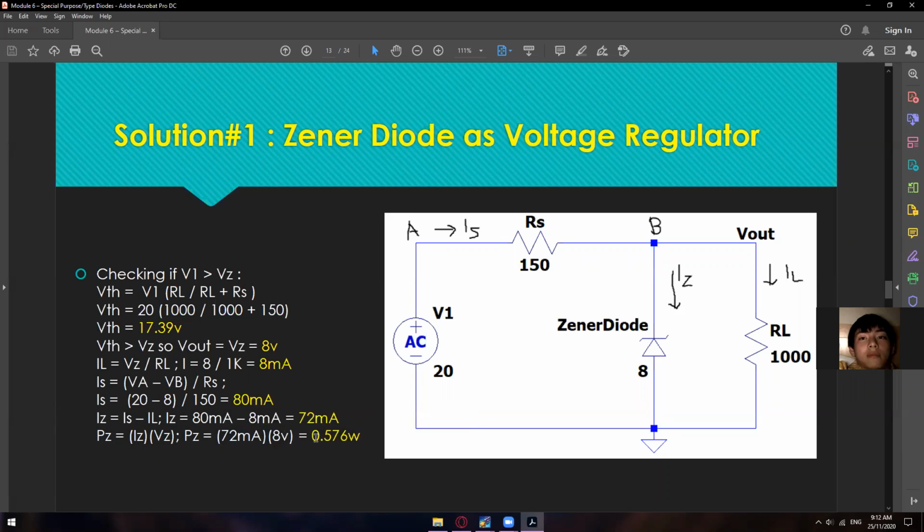All right, so that's how you solve for those values for IS, IL, IZ, and so on and so forth. Okay, so I'll give you guys a minute to analyze this one to understand further. And if you have a question or a clarification regarding the solution, feel free to ask anytime.